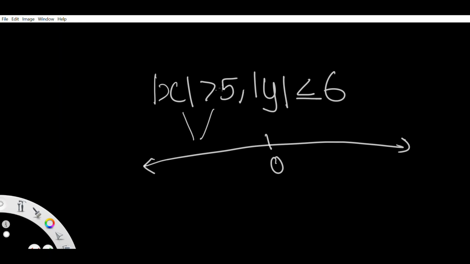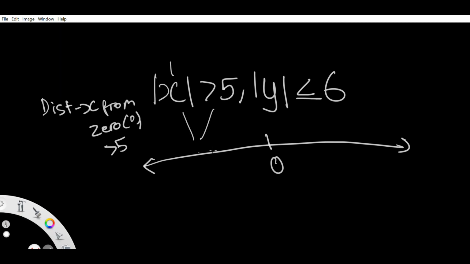What this suggests is that the distance of x from 0 has to be greater than 5. So no matter where x is on the number line, the distance of it has to be greater than 5.